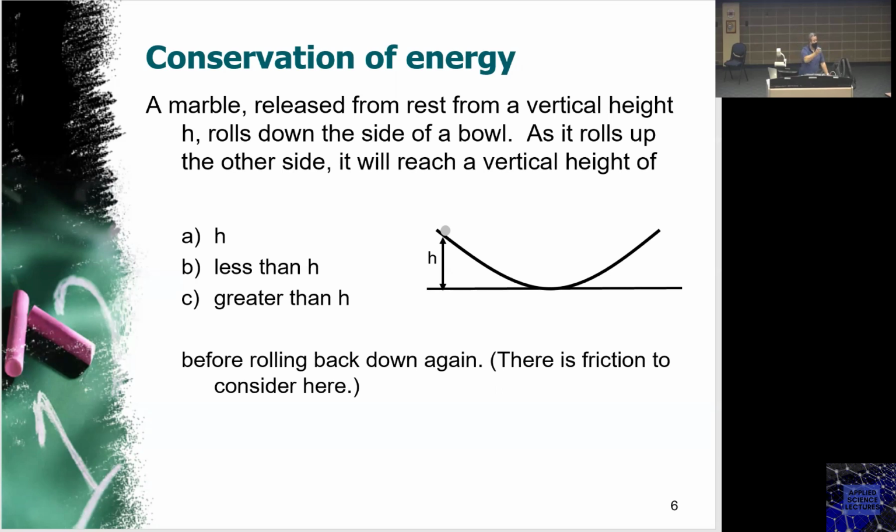Which means the same gravitational potential energy will be achieved at the other side if the system is ideal, frictionless.